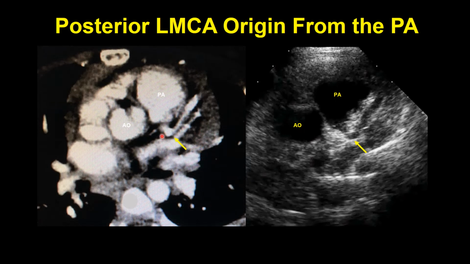So again, CT is showing us this posterior insertion and that huge angle that we have to make. It's really quite comparable here. In fact, the echo may even show this better than the CT shows it. So very close correlation. You can even see this outcropping here.